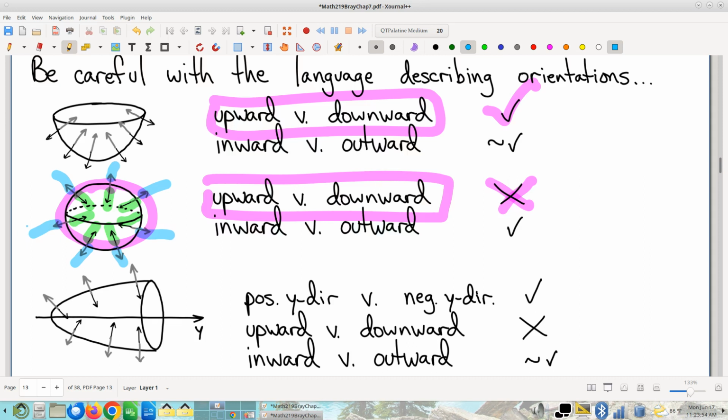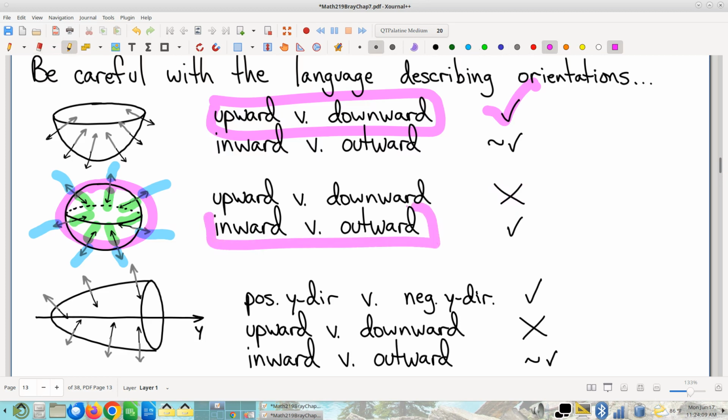Some of the blue vectors are up, some of the blue vectors are down. Upward versus downward just doesn't communicate at all. So in this case, we wouldn't use that language. In this case, we would very happily go with inward versus outward. The green vectors are all pointing inward. Inward is pretty clearly defined here. None of the blue vectors point inward. You see how this works great.